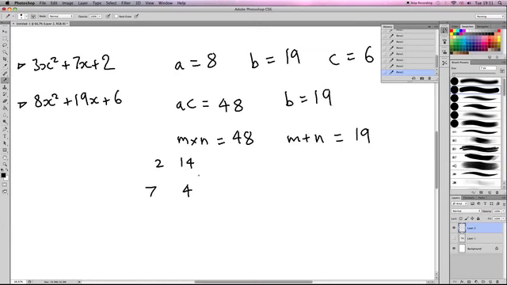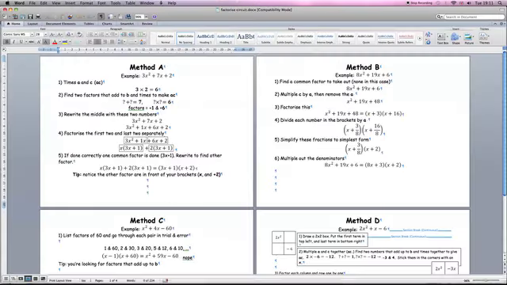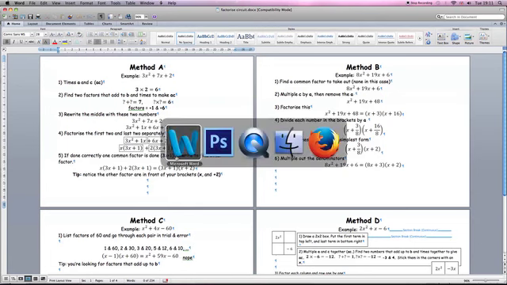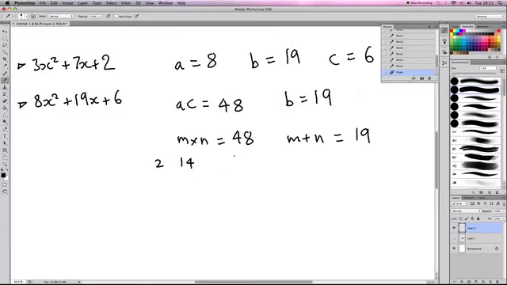That doesn't make sense. 2 and 4. I got 8 times 6. Doesn't add up to give me 19. I honestly can't remember this. I'm going to have to check. Where is it? What are some factors? 3 and 16. I feel like a bit of an idiot now.